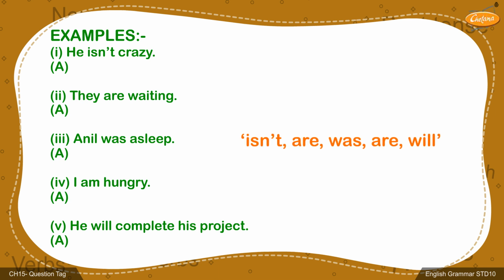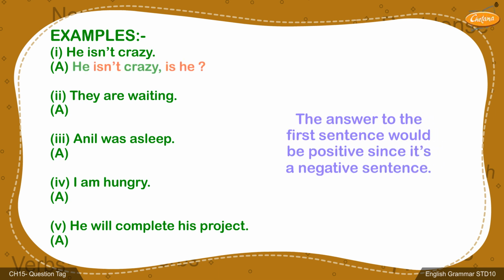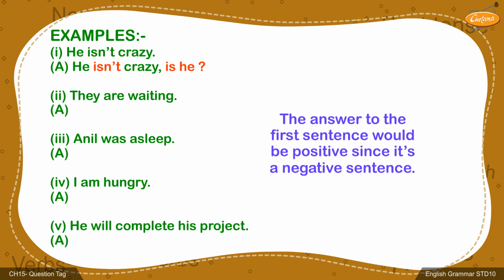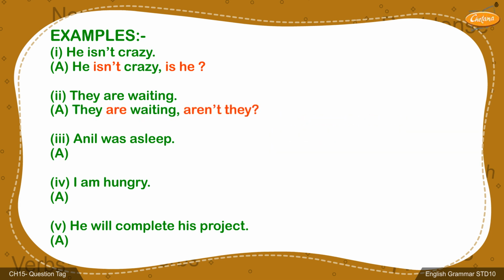Since we have been given helping verbs in every sentence, we need to add tags depending on whether the sentence is positive or negative. The answer to the first sentence would be positive since it's a negative sentence. In the next sentence, the tag would be aren't they, since it's a positive sentence.